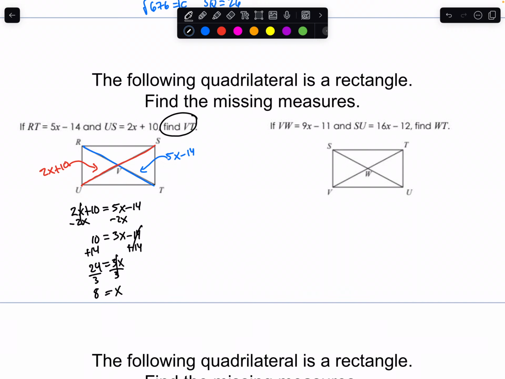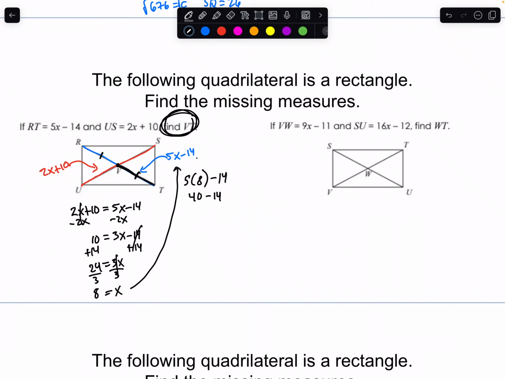Now, what I'm interested in is finding the value of VT. VT is just this portion. Now, since this is the midpoint of both segments, it cuts it into two congruent segments, I can then just take the length of RT, the whole thing, and cut it in half. And since RT represents 5x minus 14, I can plug x into this equation. 5 times 8 minus 14. 5 times 8 is 40.